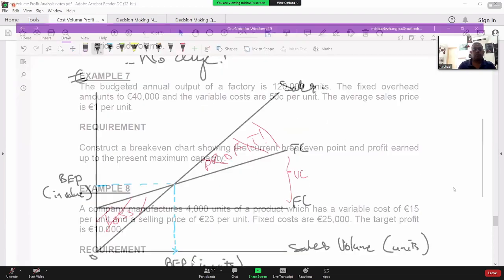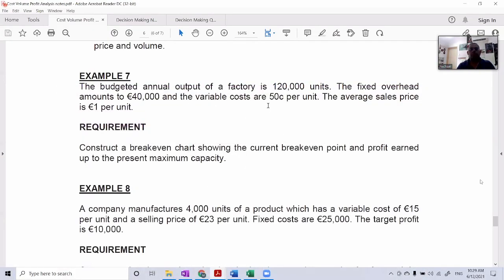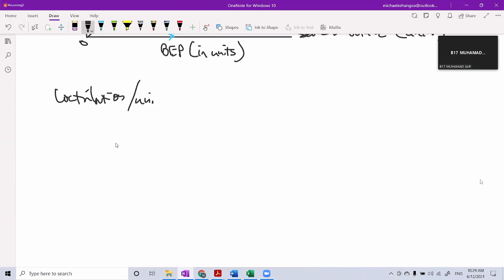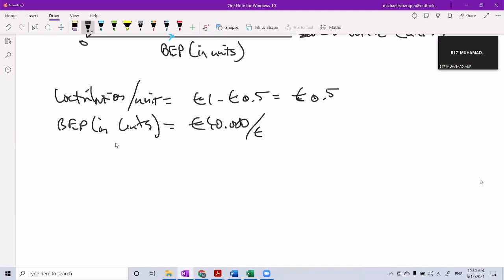Now watch. First of all, we have variable cost 50 cents, selling price is 1, so we have contribution per unit of 0.5. Then break-even point in units: fixed cost is 40,000 over 0.5, so 80,000 units.